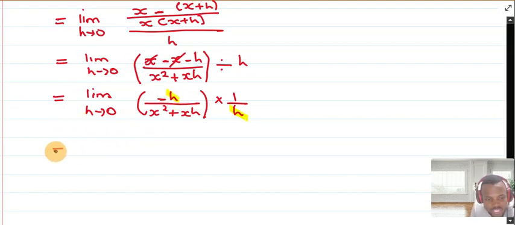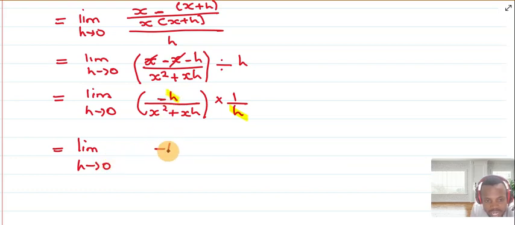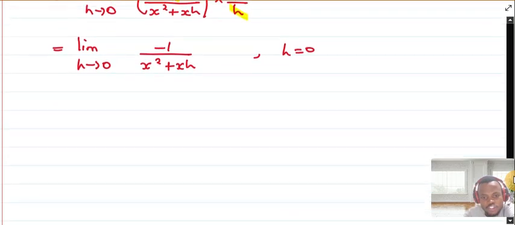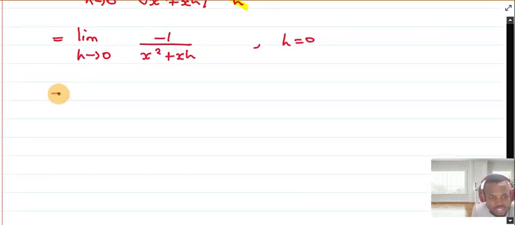I'm now left with the limit as h approaches 0. Here it was minus 1, so it becomes minus 1 over x squared plus xh. Now I can let my h be equal to 0. By letting h equal 0, I won't have to continue writing this.